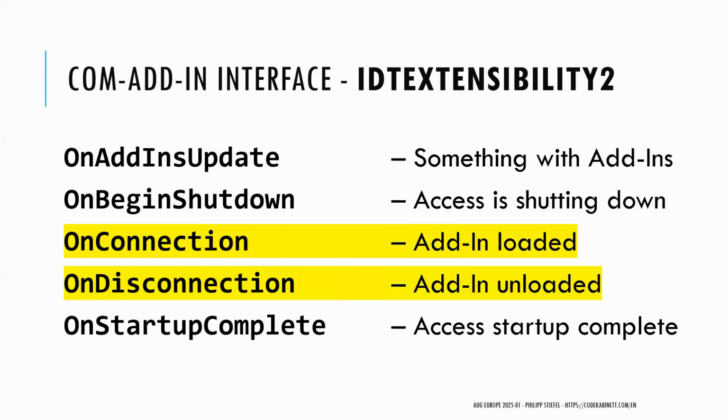And I highlighted the 2 most important ones, OnConnection and OnDisconnection. And these will be called when the add-in is loaded or unloaded. These are really, really important. The other ones, not so much, but they must also be implemented for the COM interface to be complete.